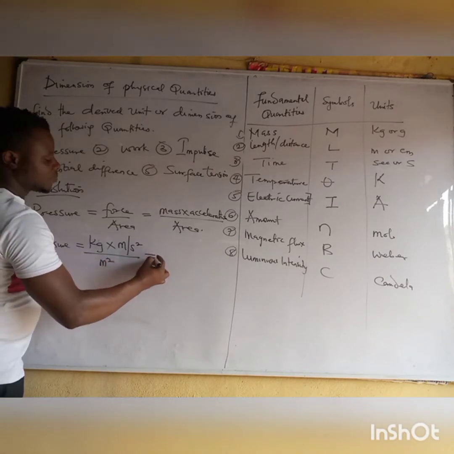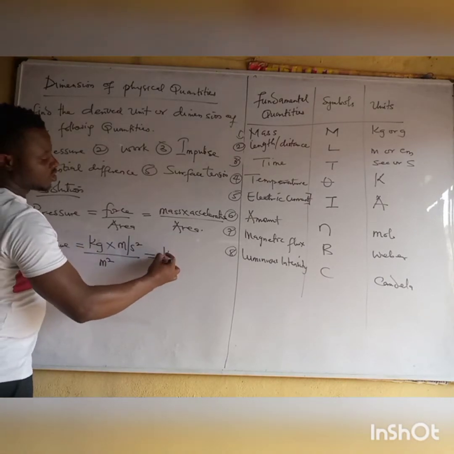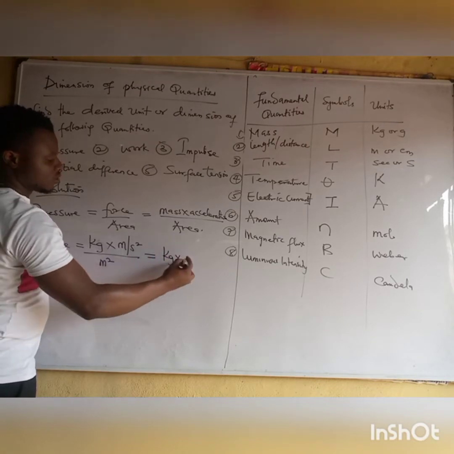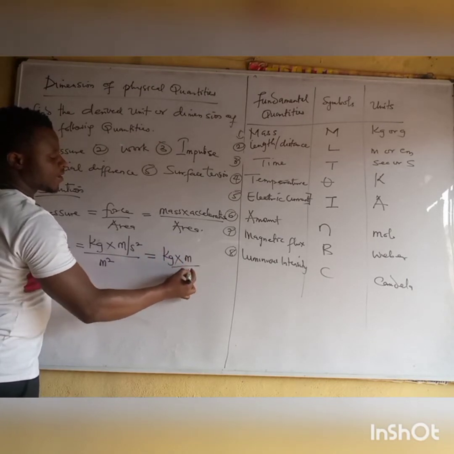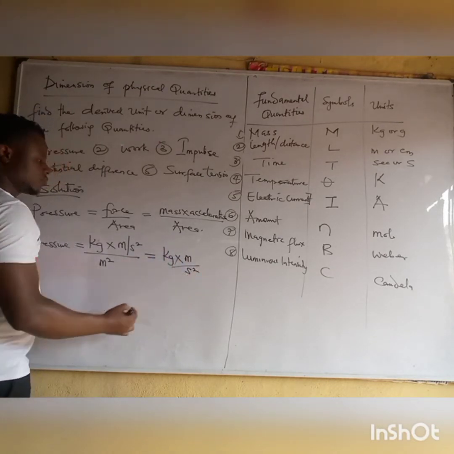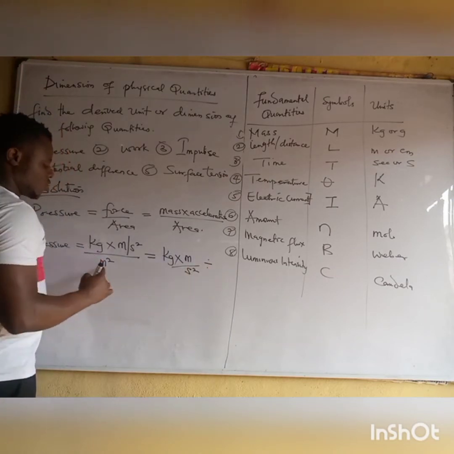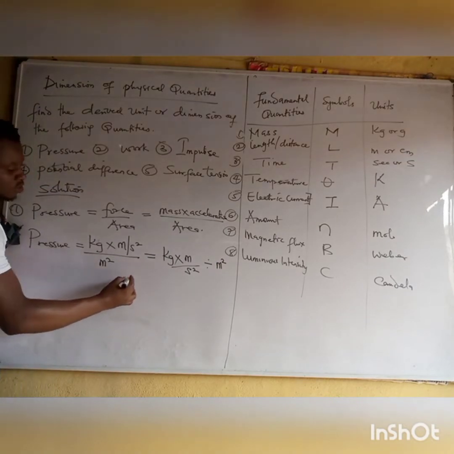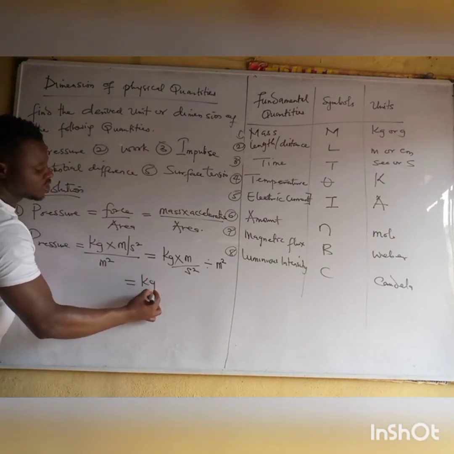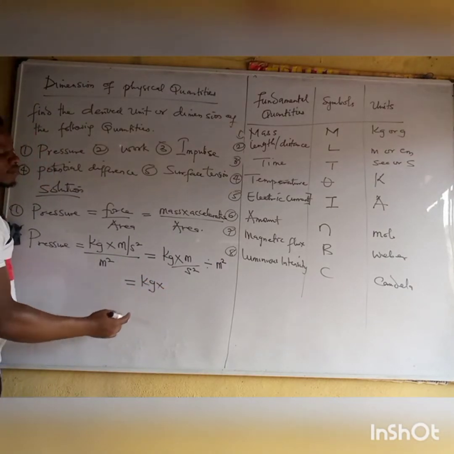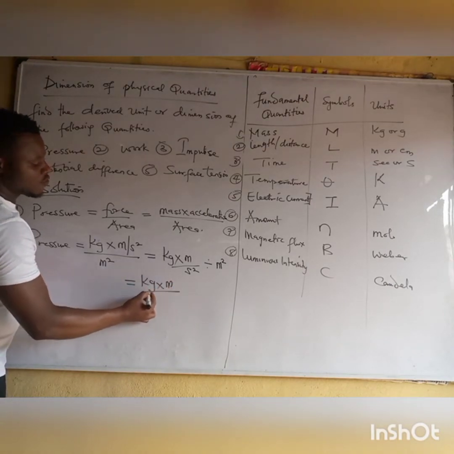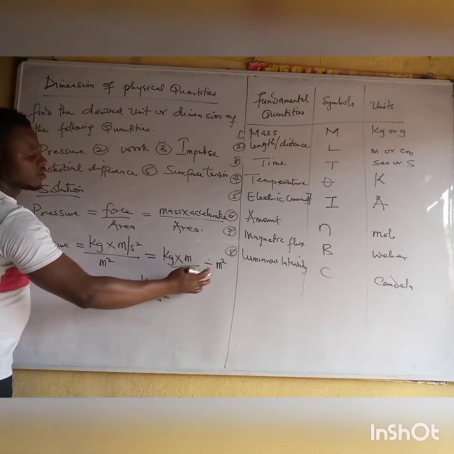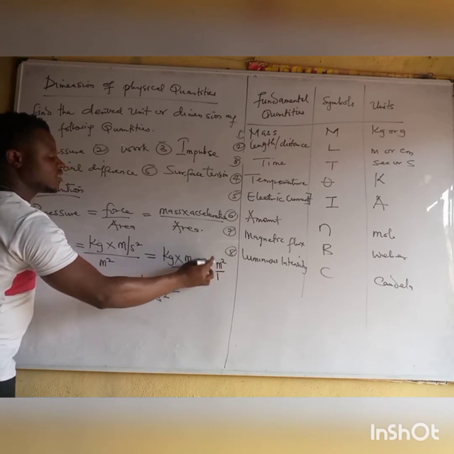Now let us solve this mathematics. This is kg times meter per second square, divided by meter square. So this is kg times meter over second square, over 1.